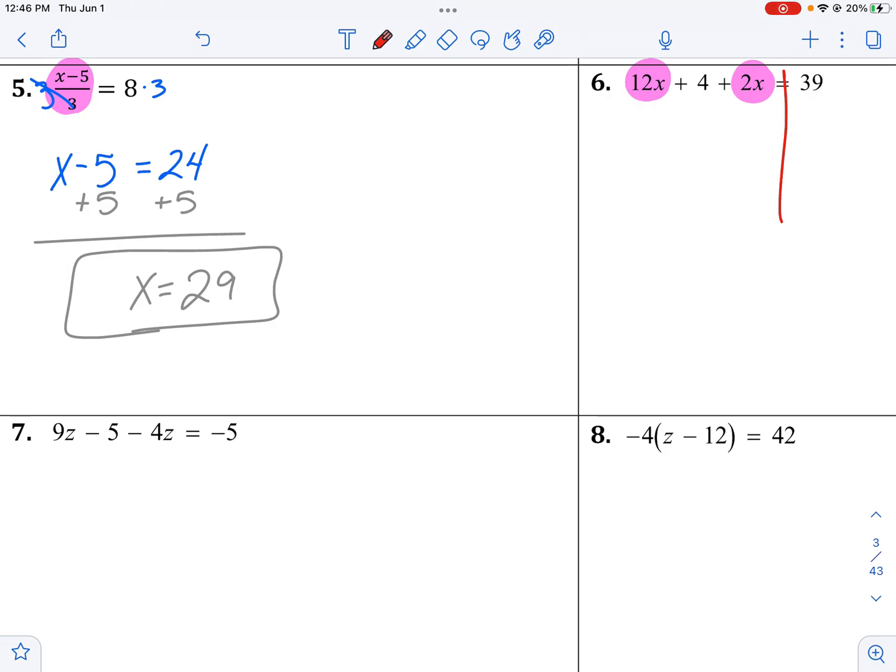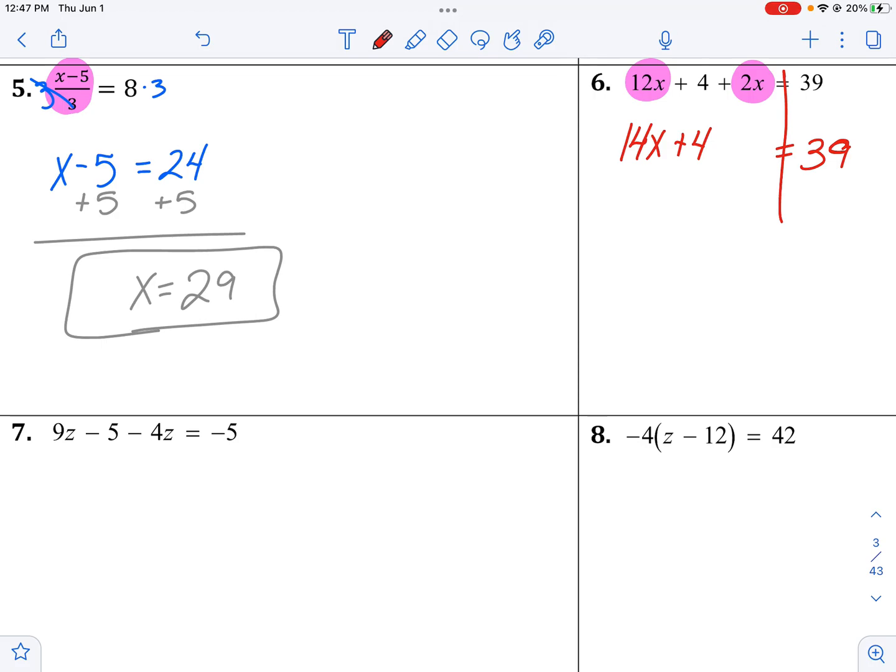If they're on the same side, I can combine them. So if I see a positive 12x and a positive 2x, I can combine those, 12 plus 2, to get a positive 14x. And now it's just a two-step operation like the ones we've done before.